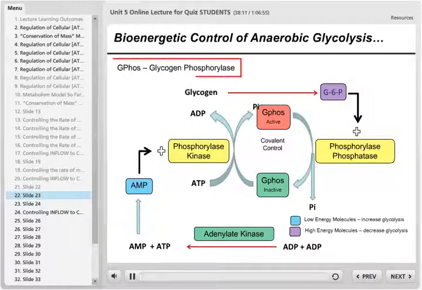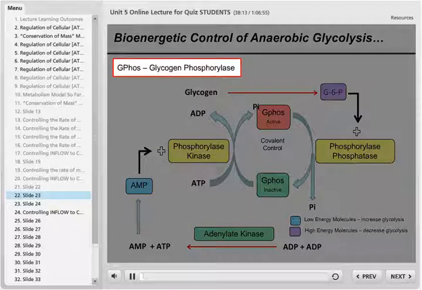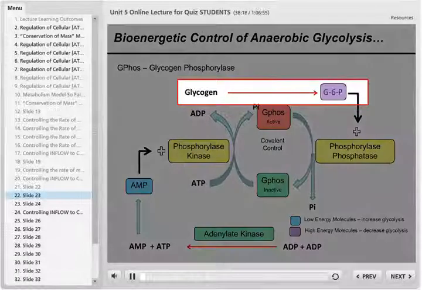The second enzyme is glycogen phosphorylase. So here's the flow with glycogen phosphorylase. And we have glycogen going to glycogen 6-phosphate.